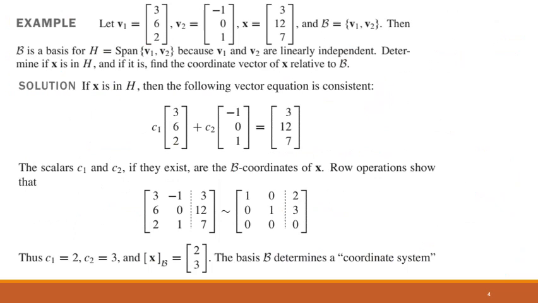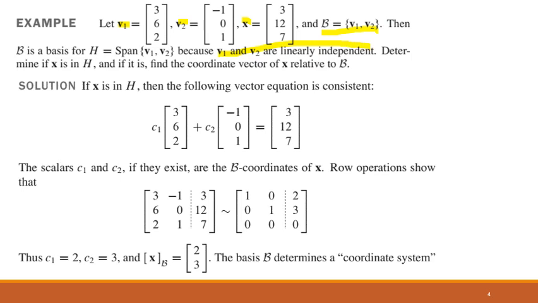Consider another example. Here we have vectors v1, v2, and x, where v1 and v2 are part of B, which is a basis of subspace H, and v1 and v2 are linearly independent.